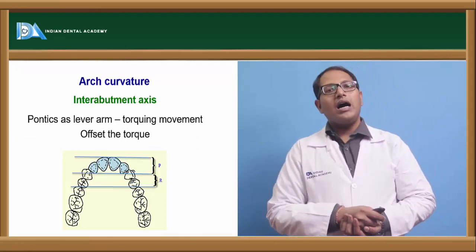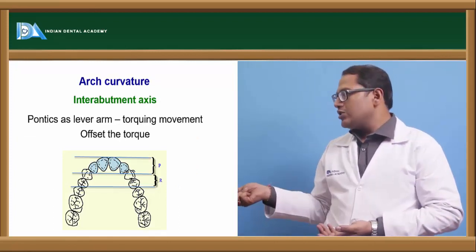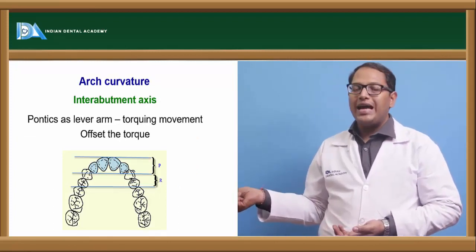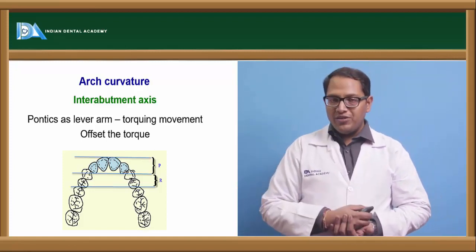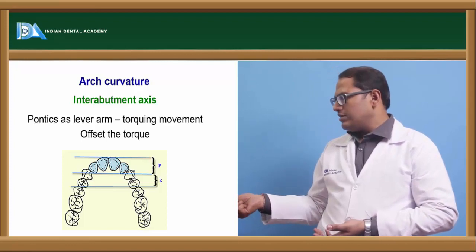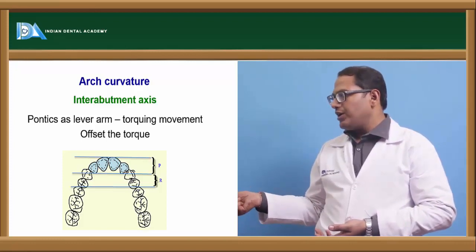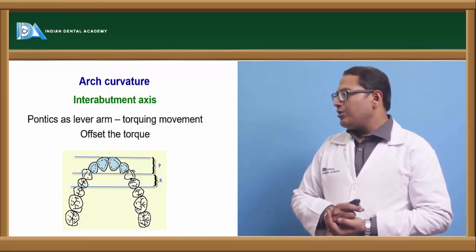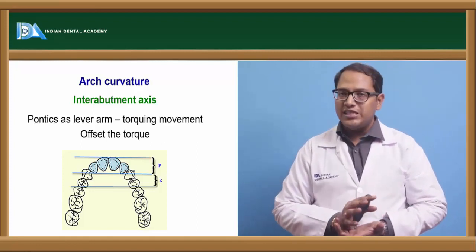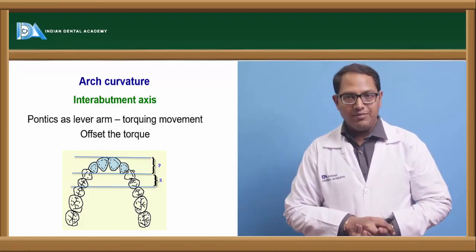Now coming to the arch curvature, also known as the AP span, the antero-posterior span. What curvature of arch is favorable for us: a tapered one, a square one, or an ovoid one? The pontic acts as a lever arm, so for the torquing movement, it will offset the torque. What does that mean?